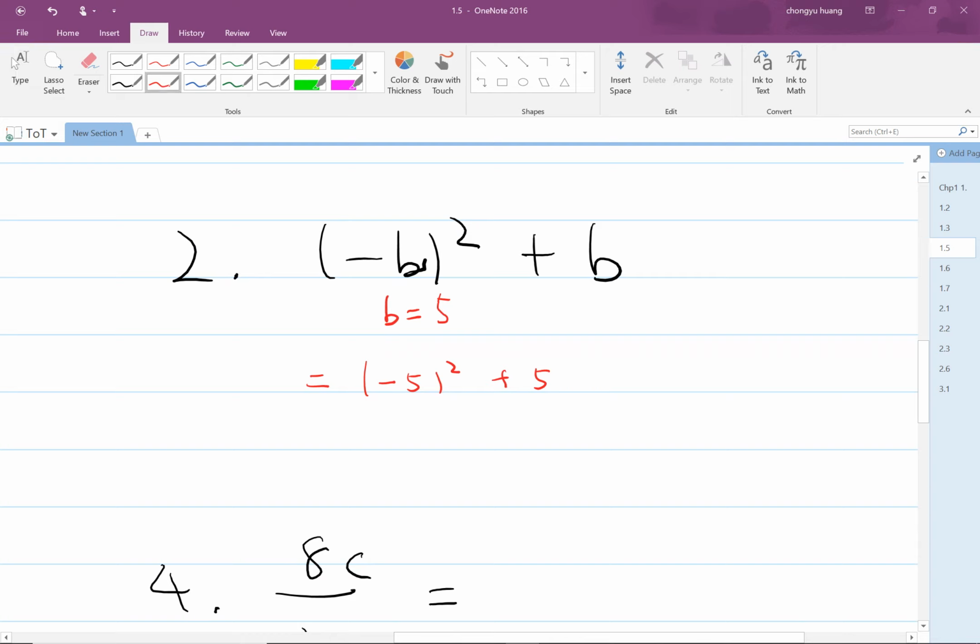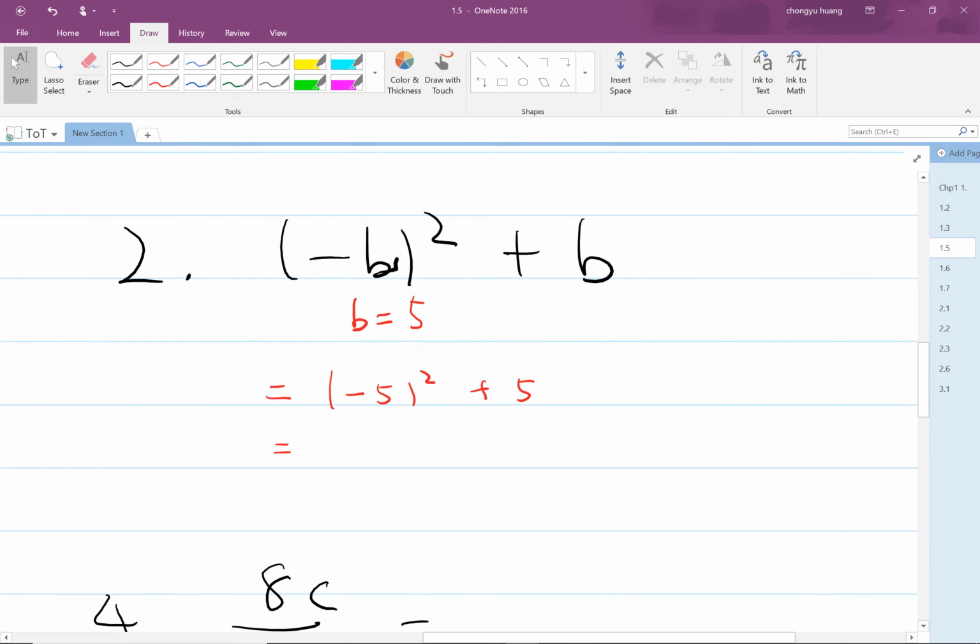So next, what you're going to do is (-5) squared. As I mentioned before, here this 2 is an even number, so the result will be positive.